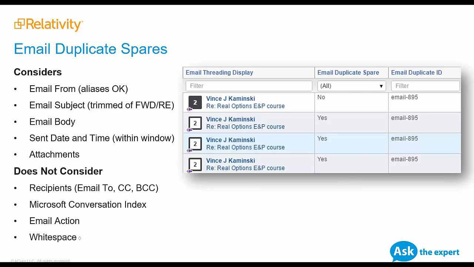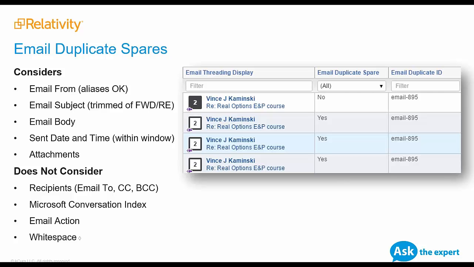Another thing to note, though: the recipients are not taken into account. So it's just the content itself. If recipient information is of crucial importance, the team may need to take a look at other duplicate spare emails to examine the recipients.